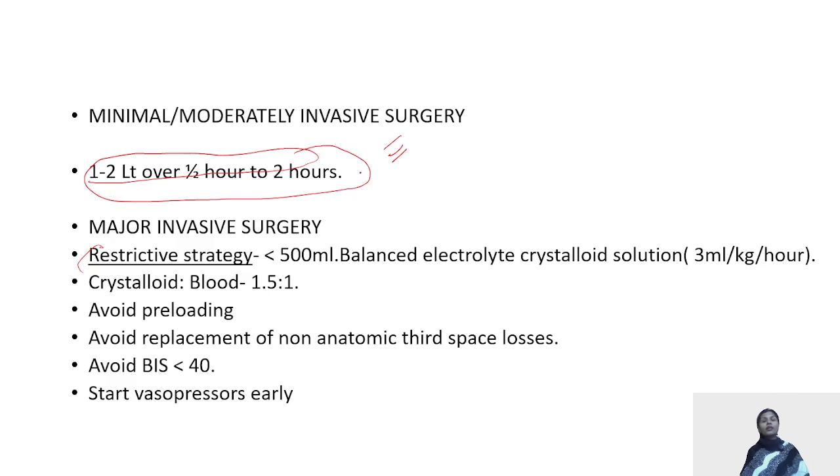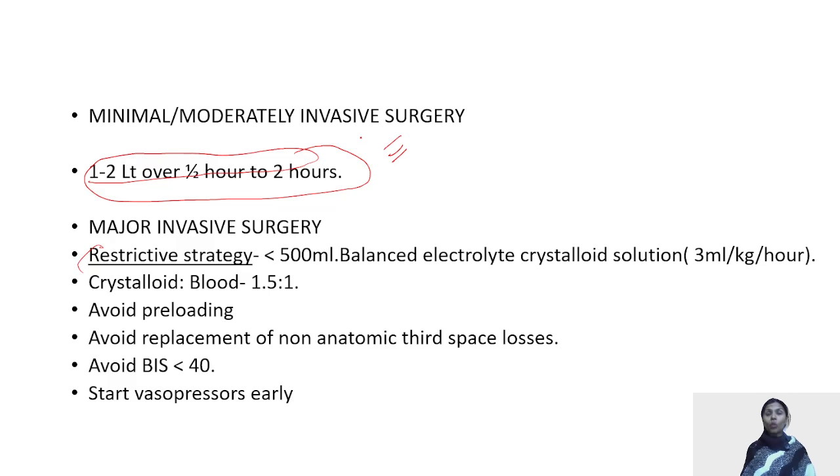And if it is a major invasive surgery according to indication, then you can use two strategies. One is the restrictive strategy in which less than 500 ml of fluid is given. The balanced electrolyte crystalloid solution is given, but it is restrictive. In these cases of restrictive strategy, we don't overload the patient.